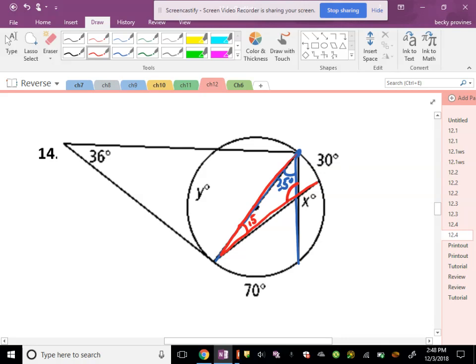Now, I can find this little angle here, which happens to be vertical angles with x. So 35 plus 15 is, I believe, 50. And triangles equal 180. So there's a big triangle here. 180 minus 50 is 130 degrees. And this is x.